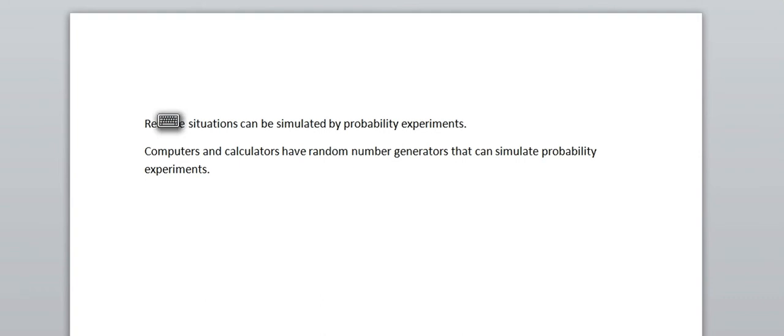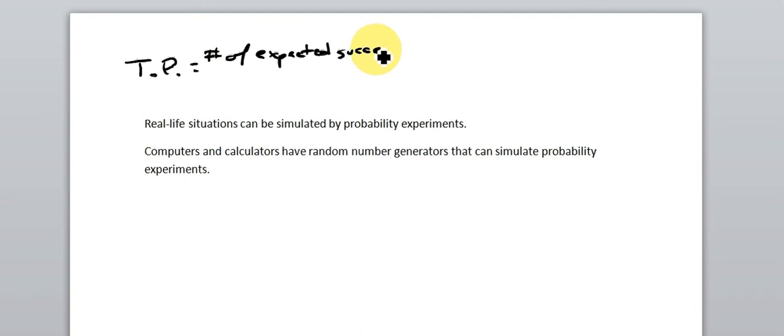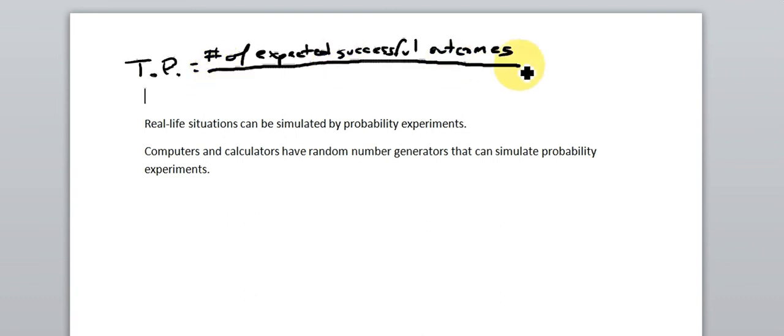So for instance, if we're going to flip a coin, we know that the theoretical probability of landing on heads is the number of expected successful outcomes. It's just another way of saying the number of expected heads over the number of possible outcomes.